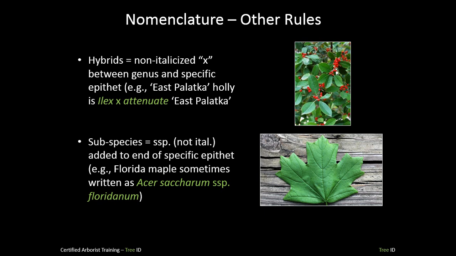And then we also have things called subspecies. Florida is really good for this. There's a lot of subspecies in Florida. This is one that some people either consider its own species or a subspecies of sugar maple, but it's Florida maple, and often you'll see it as Acer saccharum subspecies floridanum. And what this means is that there's a subpopulation of this bigger group of species that's specifically adapted to a growing environment.